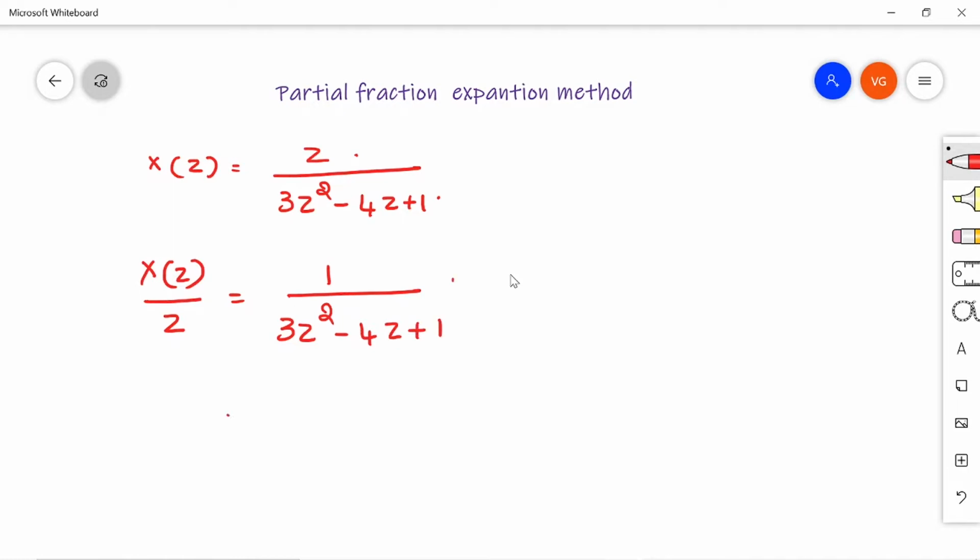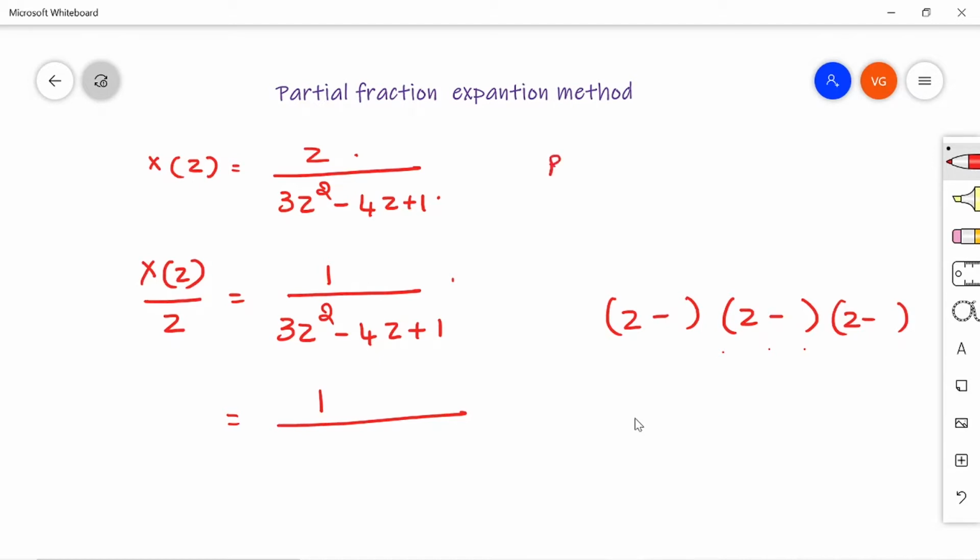Now write down the factors for the denominator. You always write it in the form of z minus something, always z minus something type. As I said, the denominator has to be of z minus something format only, so that you can write it for any given ROC.